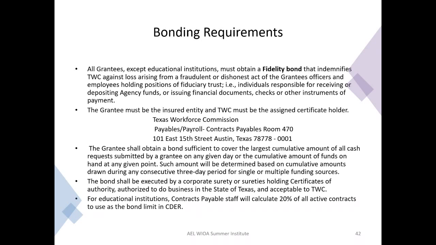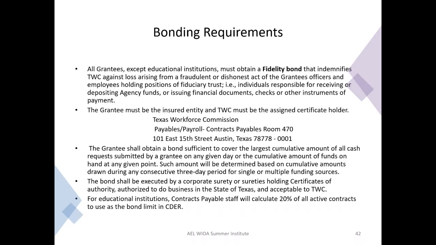You as the grantee must be the insured entity, and TWC must be named as an assigned certificate holder on that. As you send the bonds in to payables.cedar, we will be checking it, and if we see any issues with what's being relayed to us on the bond form, we will contact you and work with you to get what we need.